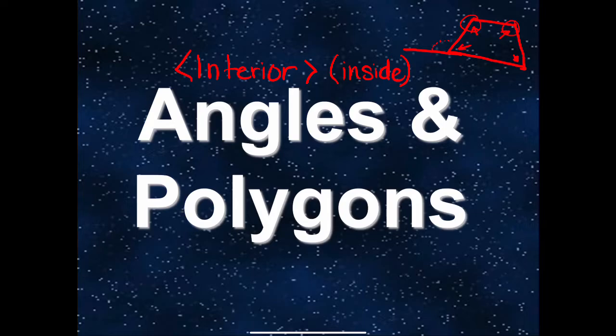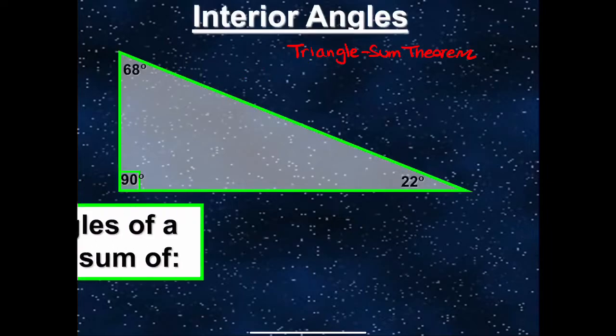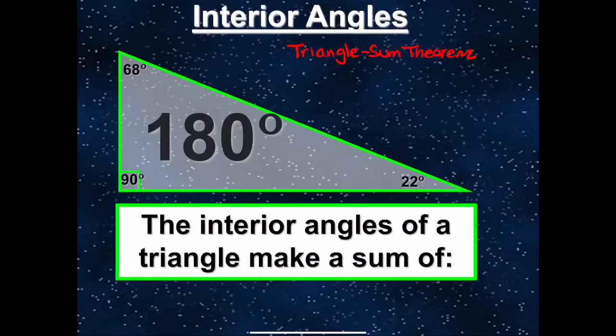We already know what a triangle is. So let's get started. As we've already discussed in a previous lesson, we've talked about the Triangle Sum Theorem. The Triangle Sum Theorem states that the angles of a triangle, and it doesn't matter what kind of triangle it is, it could be obtuse, it could be right, it can be an acute triangle, but one thing is for absolute certain, the angles will always add up to 180 degrees, no matter what.